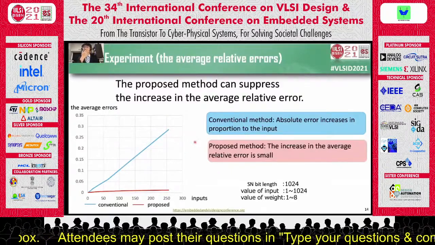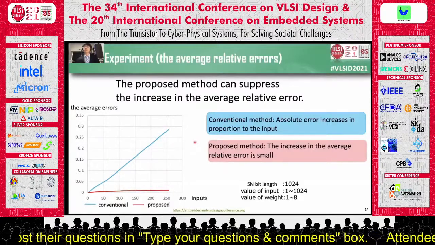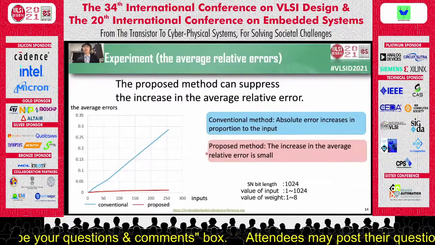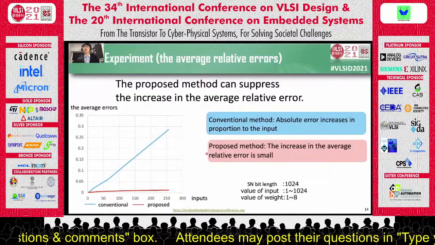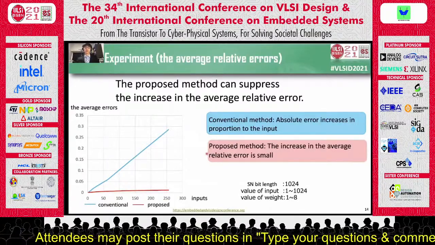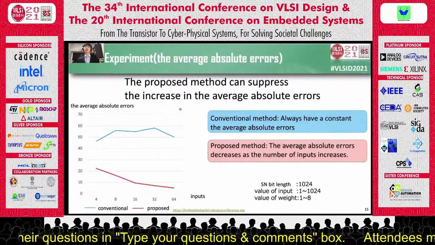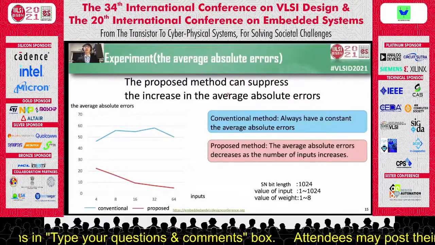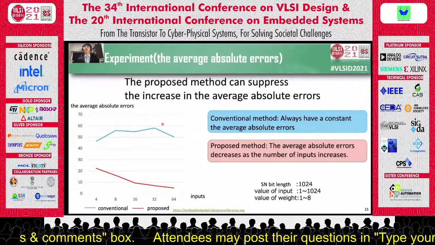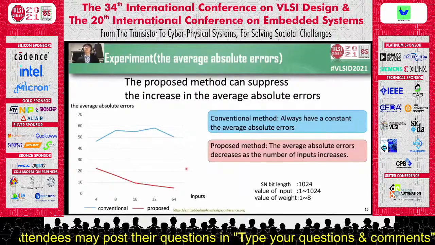With the conventional method, the average relative errors increase proportionally as the number of inputs increases. On the other hand, the proposed method can reduce the average relative errors. Next, I would like to show the average absolute errors. The setting is the same as for the average relative errors. The blue line is for the conventional method, and the red line is for the proposed method.